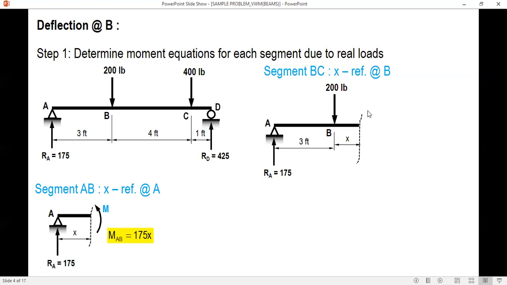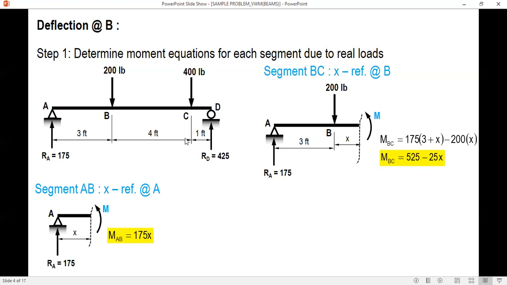Sum up moment at the cutting section, counterclockwise moment equal to clockwise moment. And we have MBC equal to 175 times (3 plus x) minus 200 times x. You simplify, expand this, and you will get this expression, 525 minus 25x.